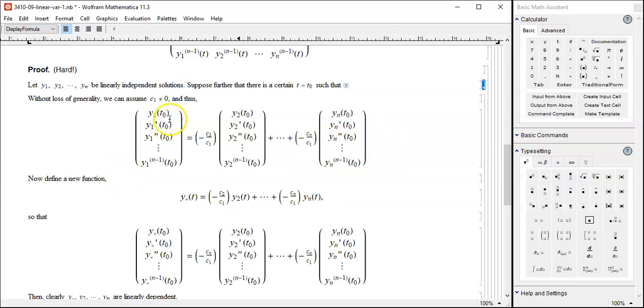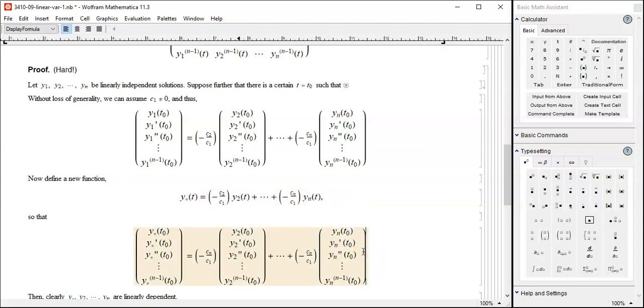All right, these are for t0. But what we want is for other t values as well. So we define a new function y star like this. Now this is true for all t, including t0, because that's the definition. And of course, at t0 we have that.